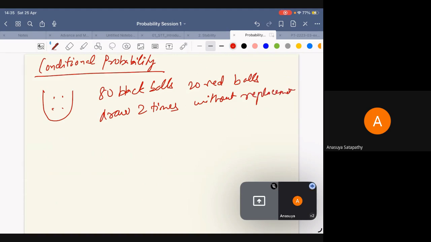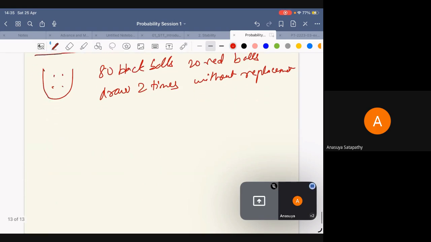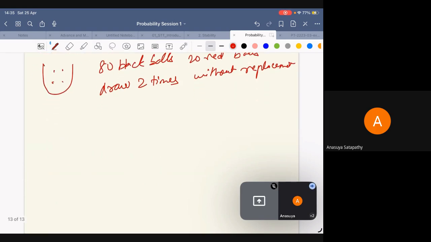We don't have to replace the ball after drawing it. So what is the probability of getting the red ball twice? A red ball in both draws. So 2 times we will take out from the bag.